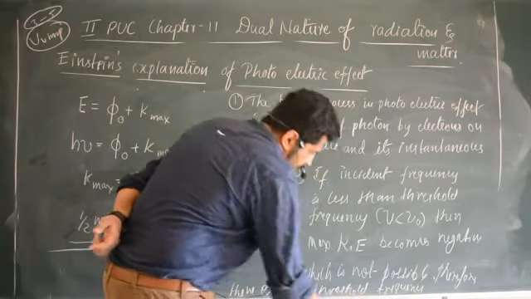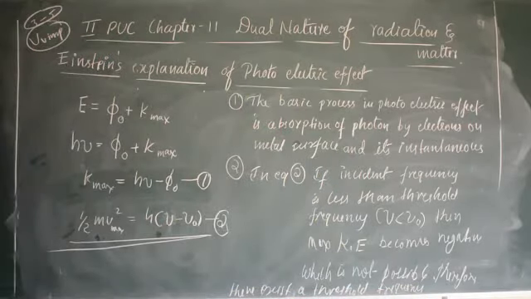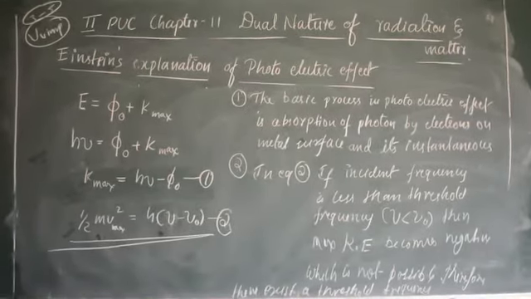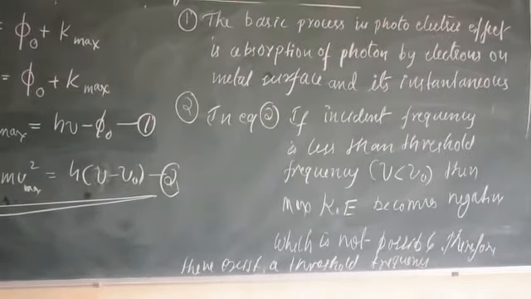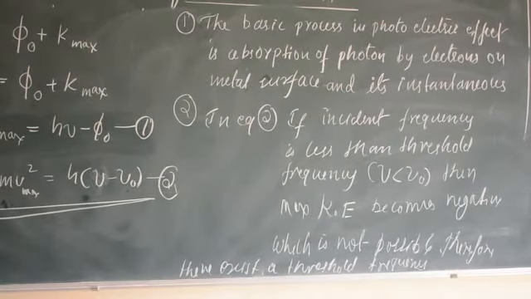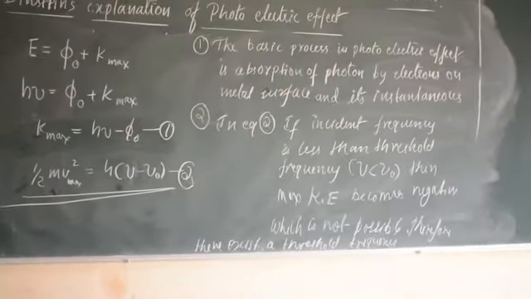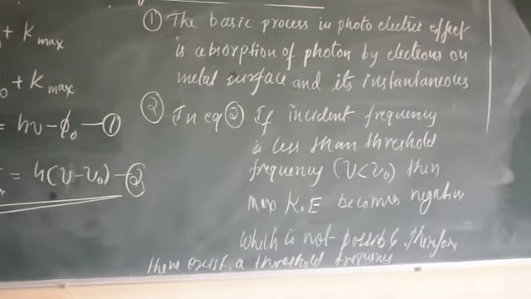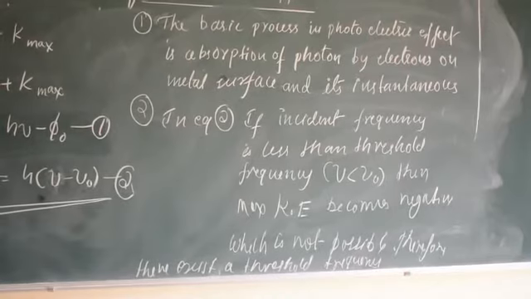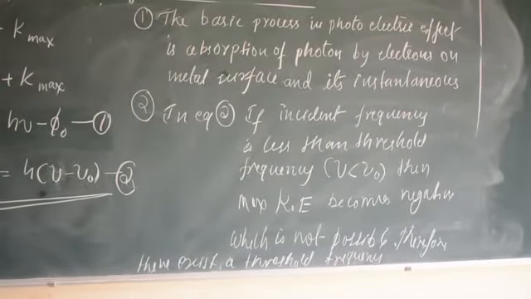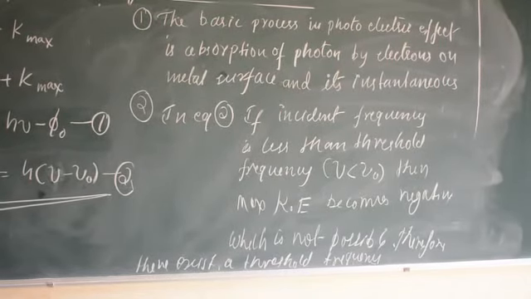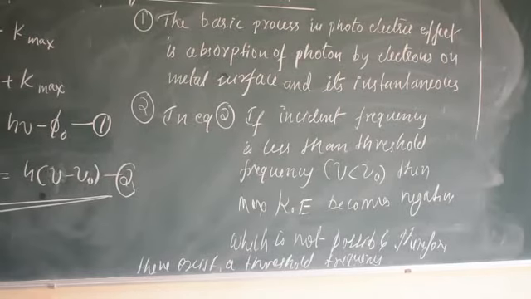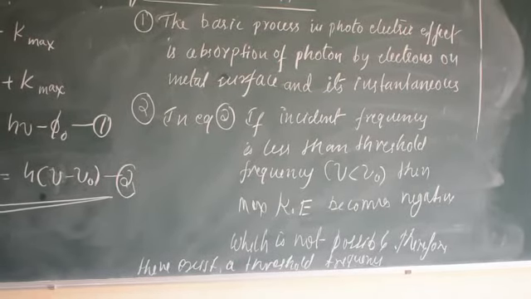There exists a threshold frequency. So, two points I have written right now, after the equation. Have a look neatly, hope it's visible for you. Take it down properly. So, if incident frequency is less than threshold frequency, then maximum kinetic energy becomes negative, which is not possible.